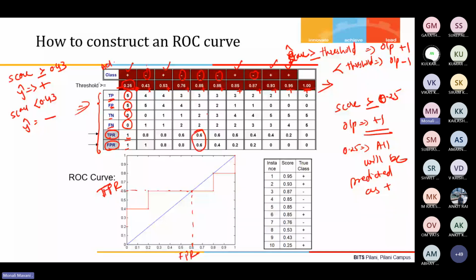If you lower the threshold below 0.85, then your graph goes into this region below the blue line. Then you should not choose any threshold less than 0.85 for that model. So basically it's a model selection technique and a threshold selection technique. Threshold is one way you can create different models.